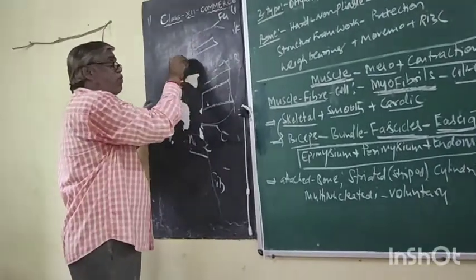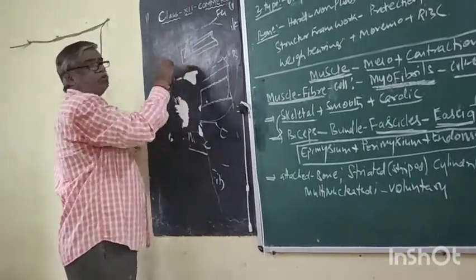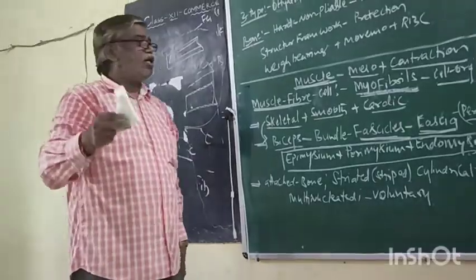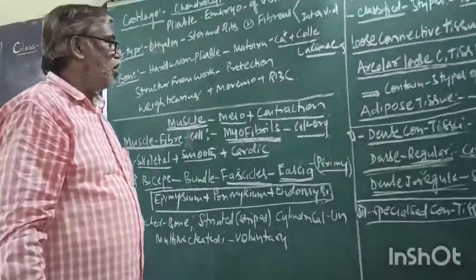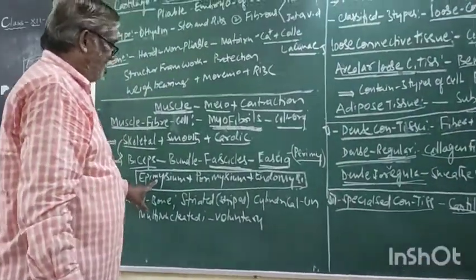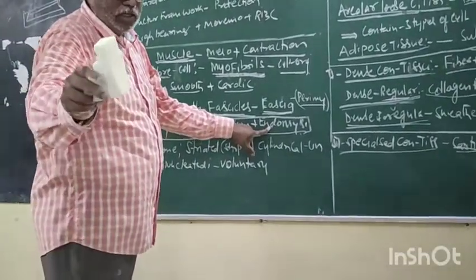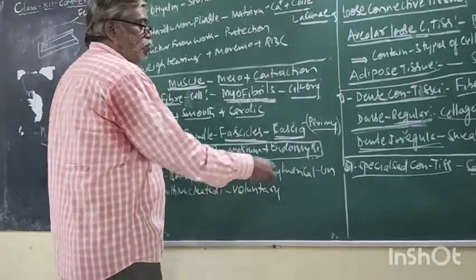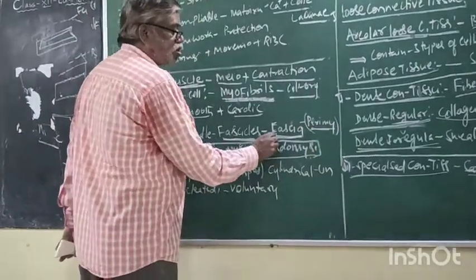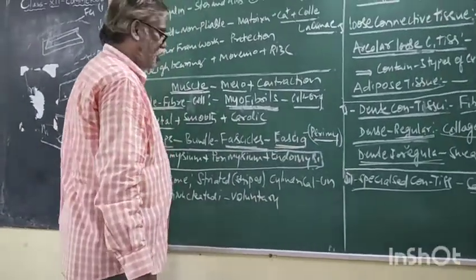Each cell is covered by endomysium. That means 3 layers are there, right? Epimysium, perimysium, endomysium. But in NCERT syllabus, only perimysium is given. That is called fascia. Now continue.